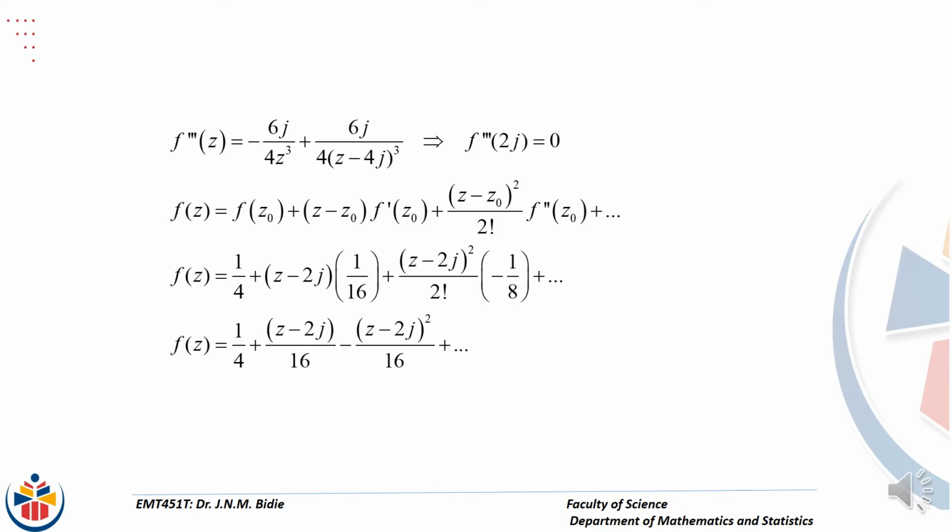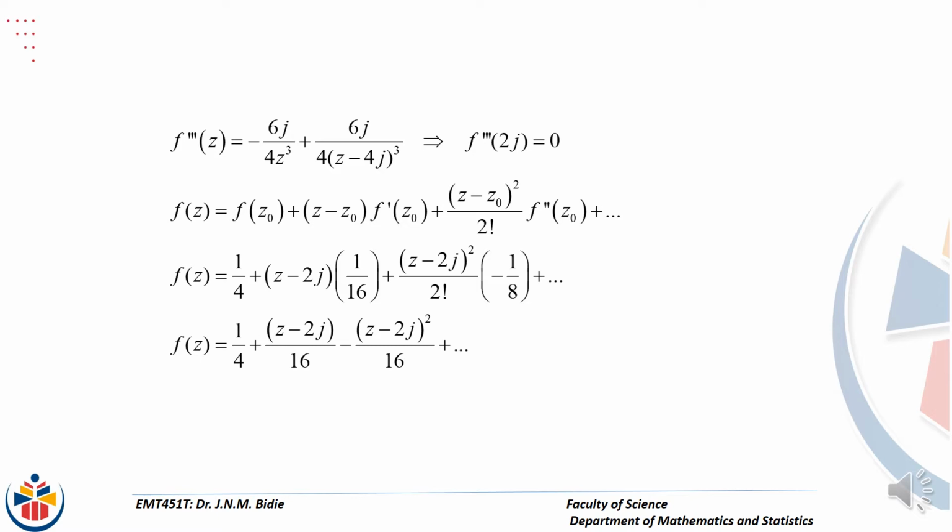So here we've gone up to the third derivative, and we got the third derivative substituted by 2j to be equal to 0. And then for f of z, we just wrote down the definition of the Taylor series, and then into it substitute. For f of z naught, 1 over 4.